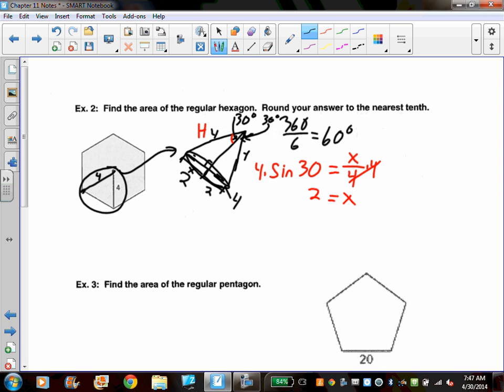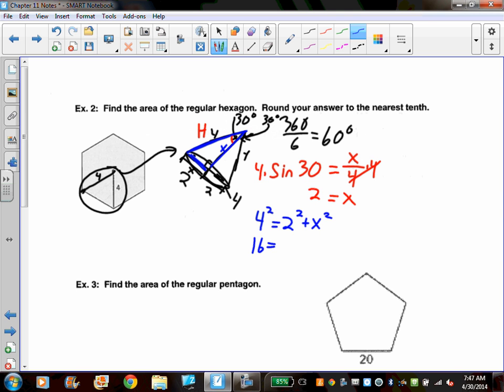But now that we know that this length is 2 and this length is 4, we can use the Pythagorean theorem to find this missing length. So 4 squared equals 2 squared plus x squared. 4 is the hypotenuse still.